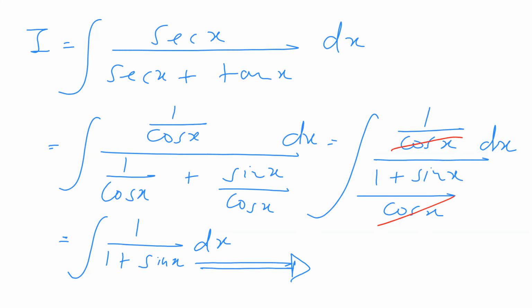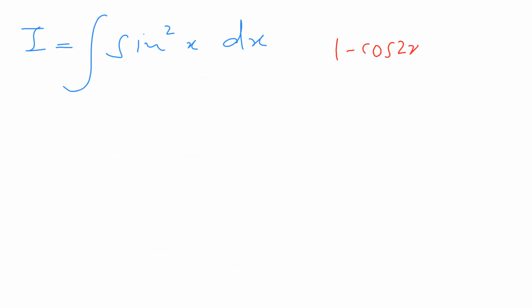Next, integration of sine square x dx. Now whenever we have integration of sine square x or cos square x, we are going to use the half angle formula of 1 plus cos 2x or 1 minus cos 2x. So 1 minus cos 2x is equal to 2 sine square x.